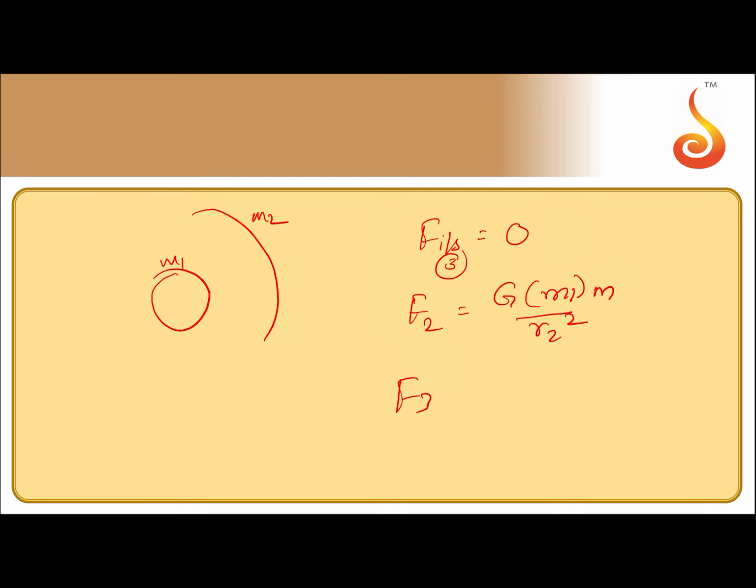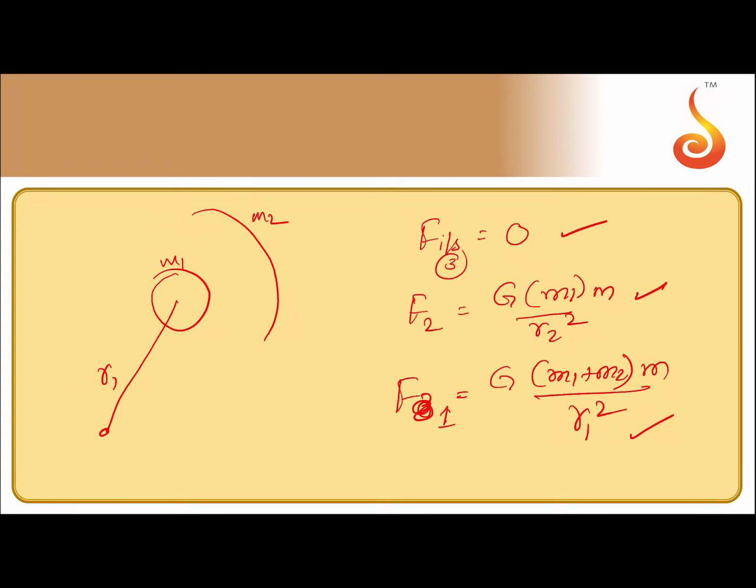And when it is here completely outside at a distance r1, both m1 and m2 exert force: G into m1 plus m2 into m divided by r1 square. So this is 3, this is 2, this is 1 of course. So the forces are G into m1 plus m2 into m divided by r1 square, G m1 m divided by r2 square, and the force is 0 here.